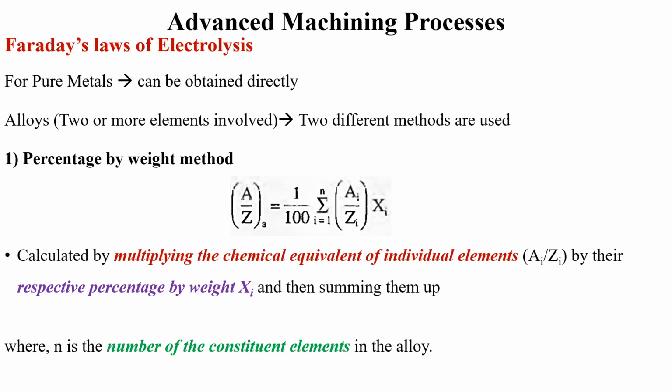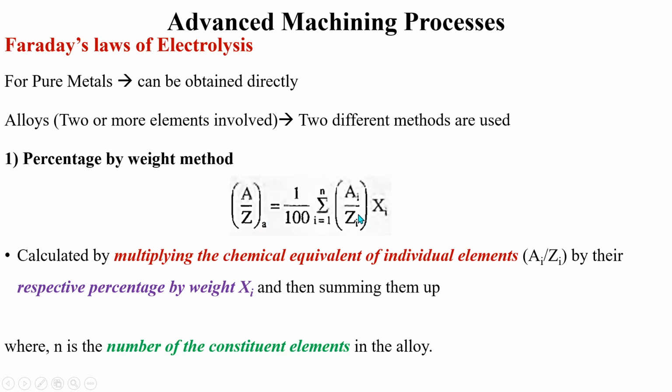In an alloy there may be two or more elements, so i represents the individual element present in the alloy. We multiply the electrochemical equivalent of a particular element by its respective weight percentage, and then finally sum up all these individual values of the respective elements to get the electrochemical equivalent of the alloy.